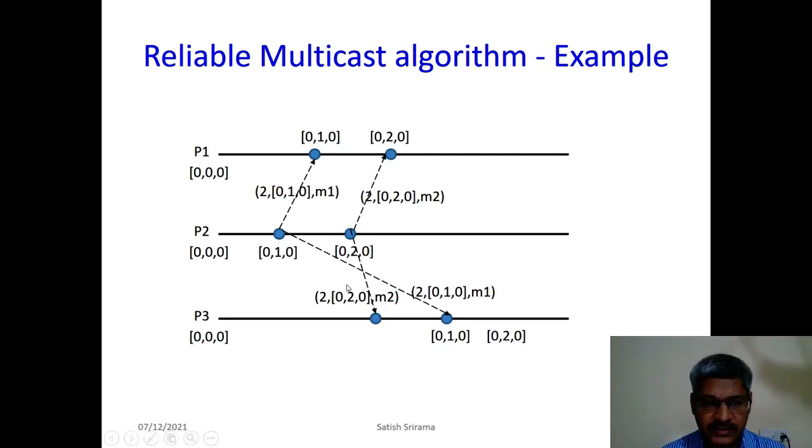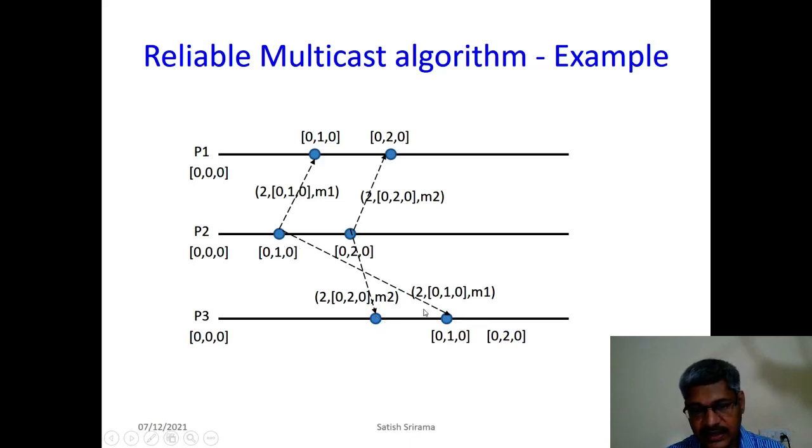The SP2G with which the message is received is 2, whereas RP2G at P3 is 0. So this is more than 2. That means you will not R-deliver this message, rather you will put it in the holdback queue.